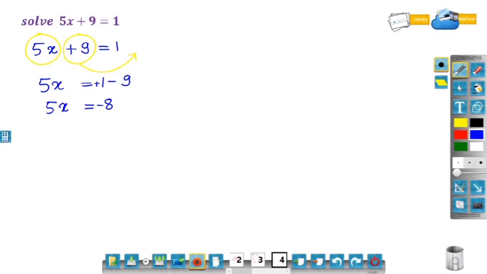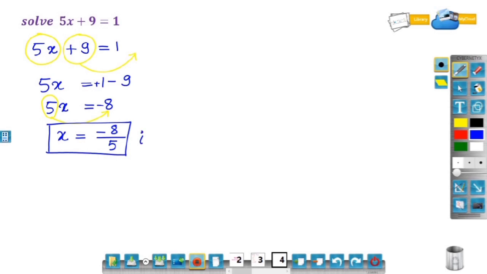Now we have to transpose 5 to the right hand side. 5 into x is equal to minus 8. When we transpose it to the right side, it becomes divided by, multiplication changes to division. x is equal to minus 8 by 5.